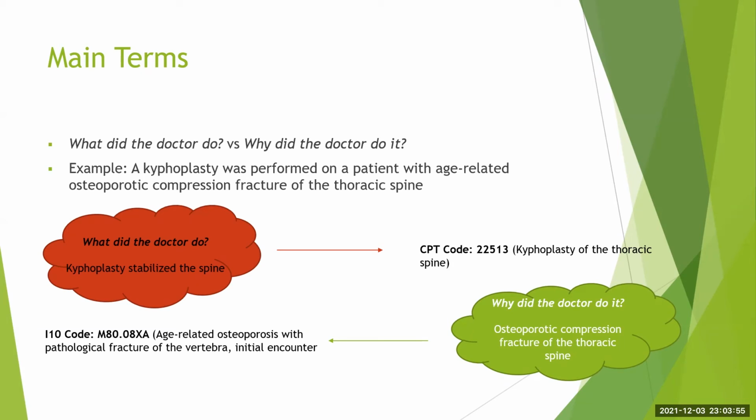The answer to this question should identify the verbs or actions performed by the healthcare provider, such as an examination, a surgical procedure, or other healthcare treatment. And to help discern the diagnosis from the documentation, the coder should ask, why did the doctor do it? And the answer to this question should provide the reason why the procedure was performed by the healthcare provider. And was it medically necessary?